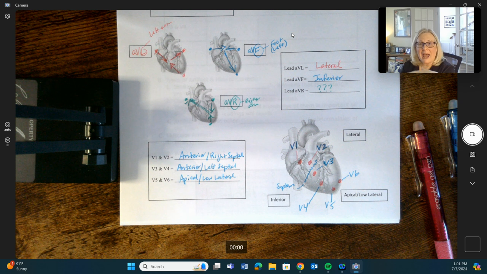I know now where I'm looking when I go to do a cardiac catheterization, when looking for blockages in their coronary heart arteries. I'm going to look in the inferior region of the heart. So I'm going to look directly at the bottom here. It's got to be blocked somewhere down here. If it's changes in V1, 2, 3, and 4, it's going to be somewhere in the front here.